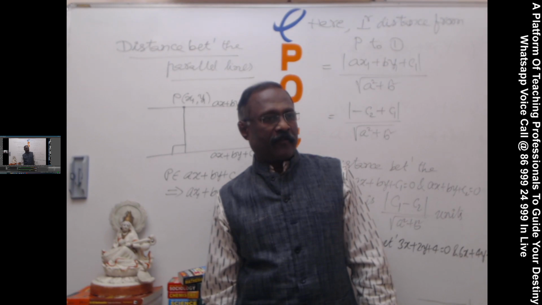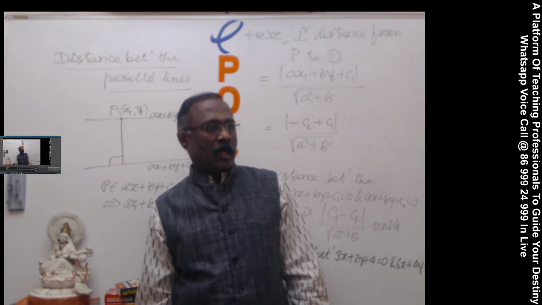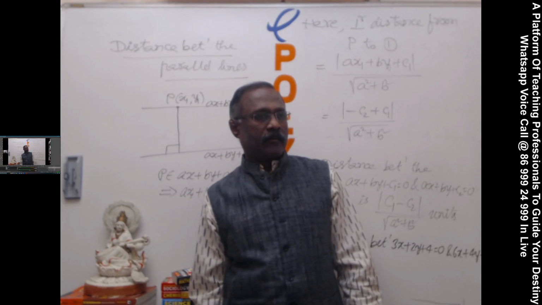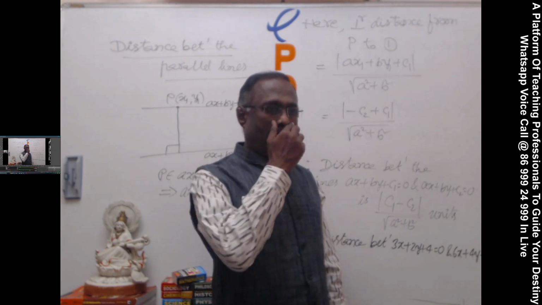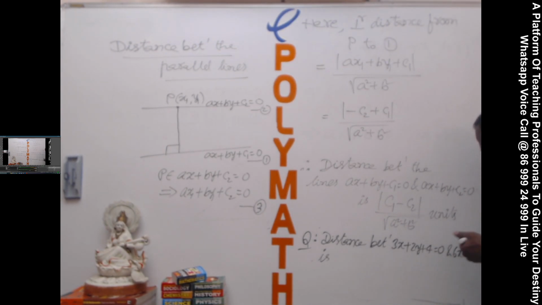First line coefficients and second line coefficients are proportional but not equal. I'll write this below this line: 6x plus 4y plus 1 equals 0. Check it out, please: 3 by 6 is equal to 2 by 4, which is 1 by 2.